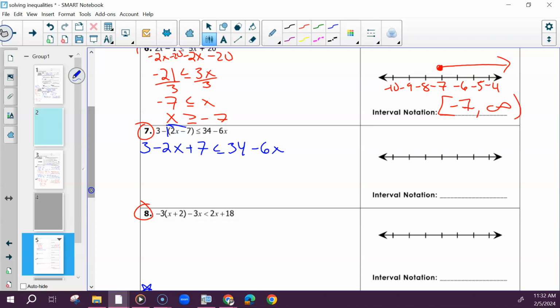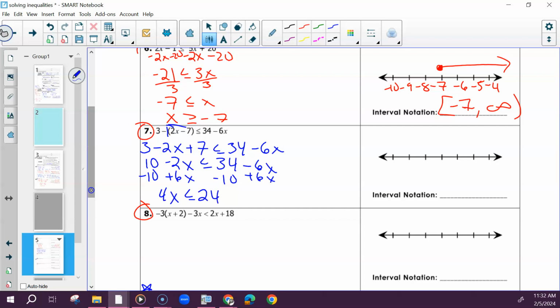Then you should be able to combine like terms, the 3 and the 7. And then what do we want to move first? Sure. So if we move 6x by adding, we can get rid of 10 by subtracting. So we have 4x is less than or equal to 24.